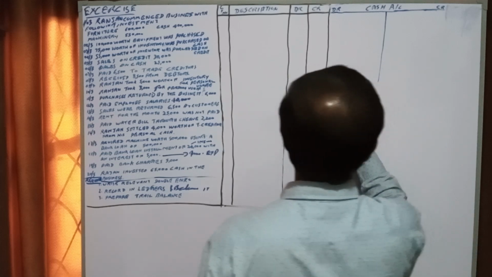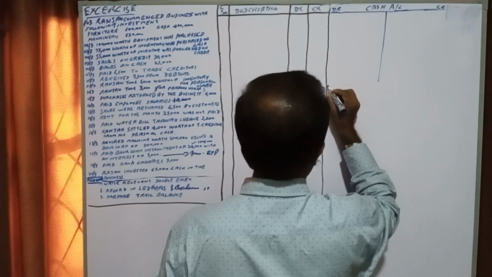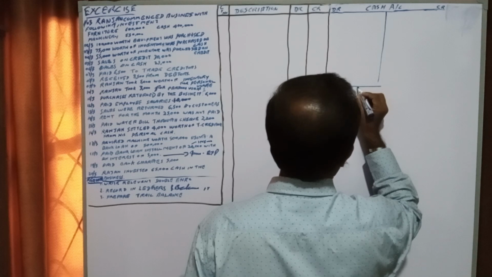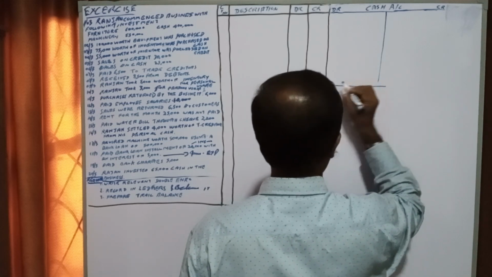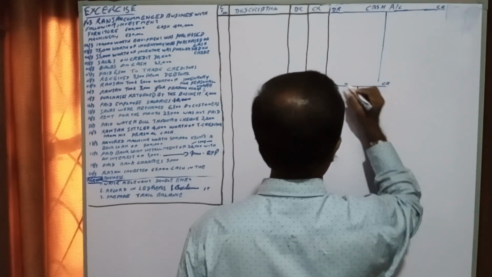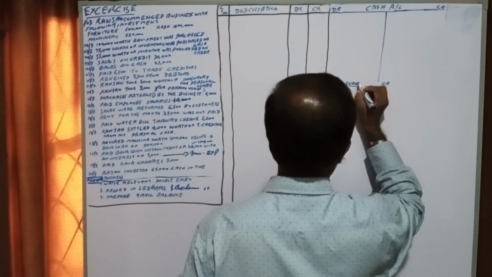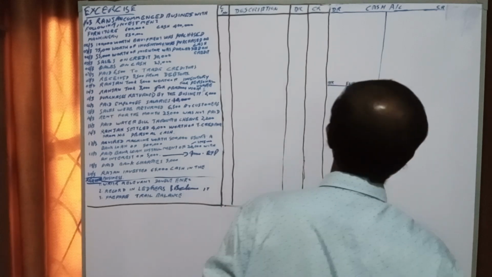We will start with the furniture. This is debit, this is credit, this is the furniture account.